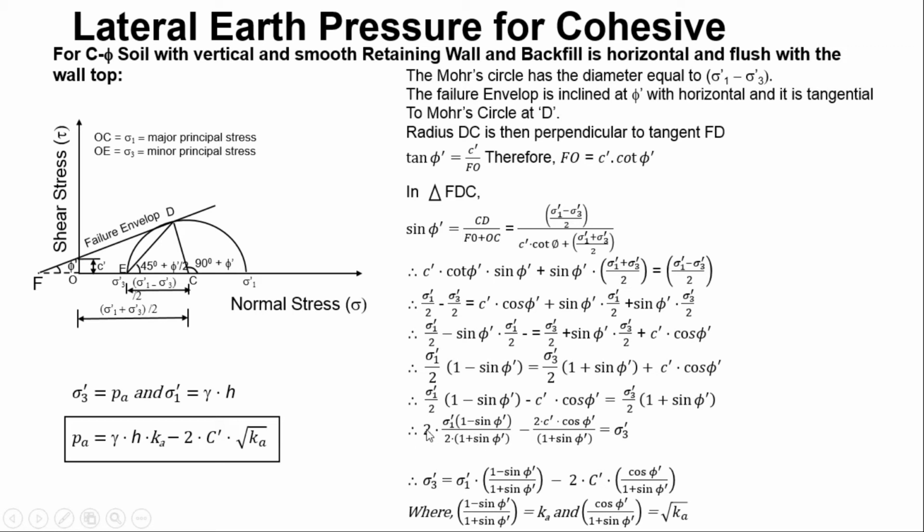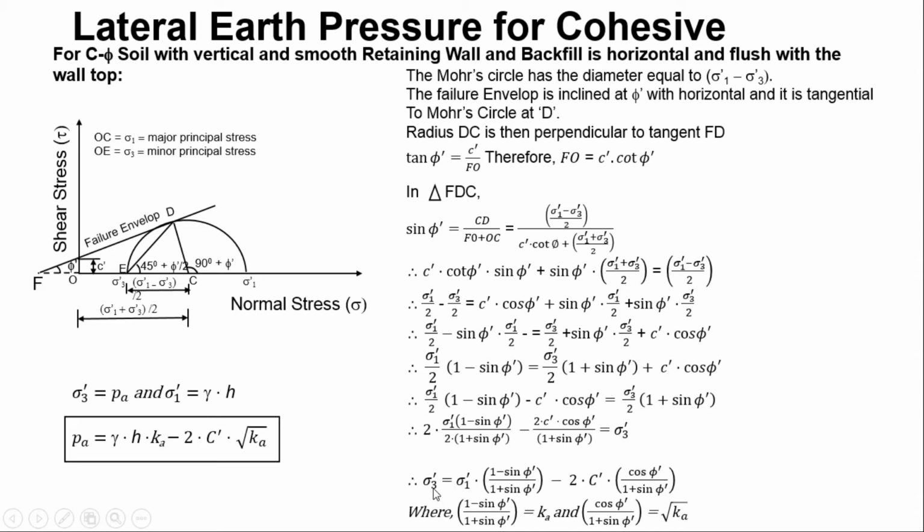So when it is multiplied, 2 upon 1 plus sin phi will come here, and in this term also we get 2c cos phi divided by 1 plus sin phi. These 2 and 2 will get cancelled out.